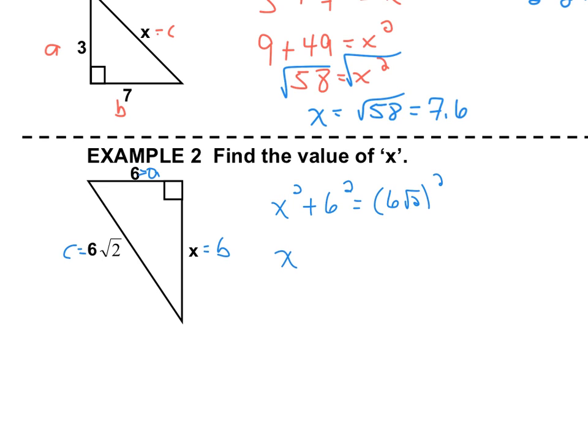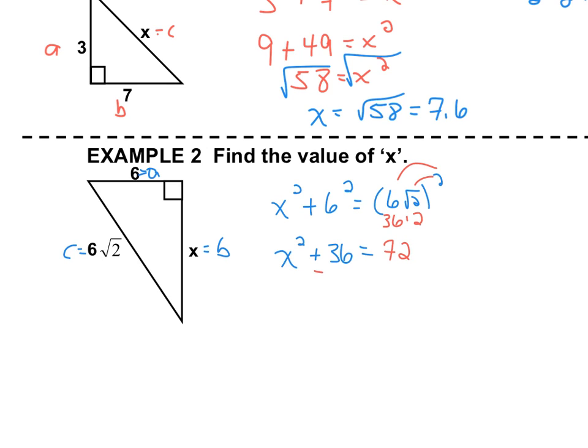So X squared plus 36 equals, and guys, when you square something, you square both pieces. So really 6 squared is 36, and anything that's a square root squared just takes away the square root sign. So it's really 36 times 2, which is 72. So be really careful when you do that one.